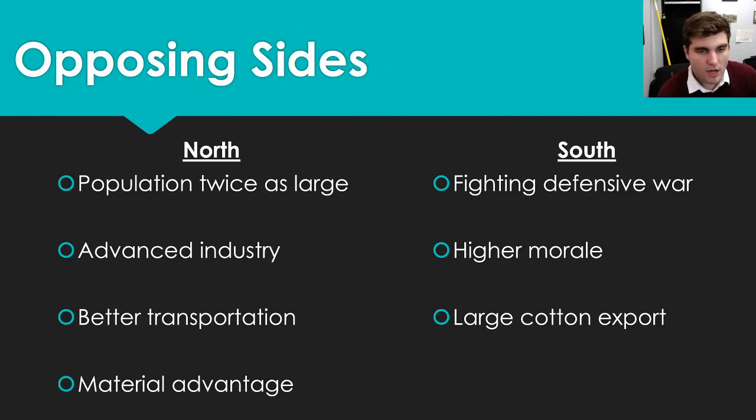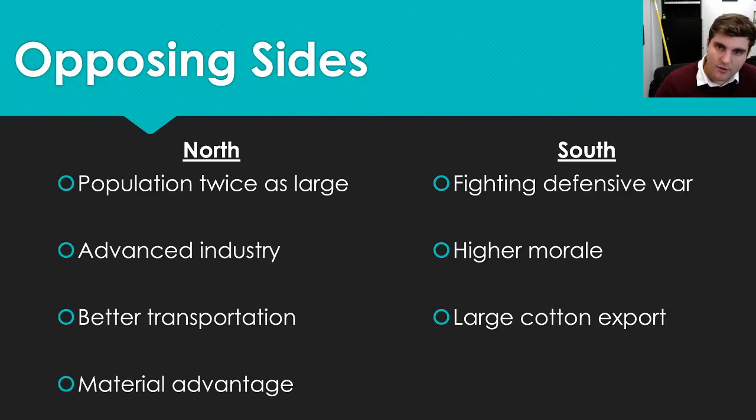They also had a large cotton export that was industrial, so they had financial resources, but they didn't necessarily have the material resources that the North had. So you have pros and cons on each side here in terms of military advantages.